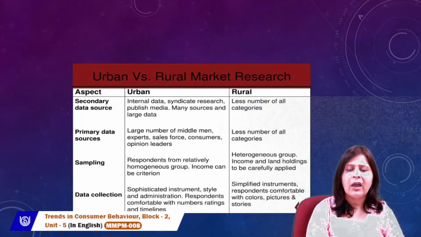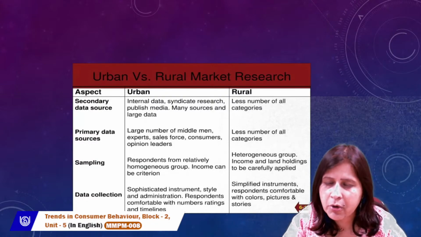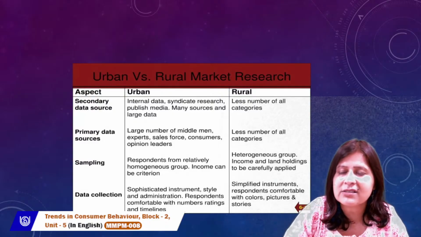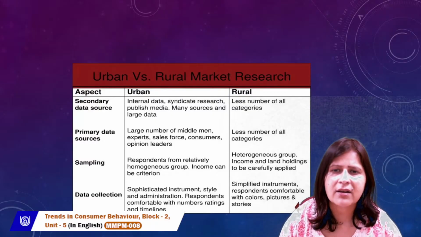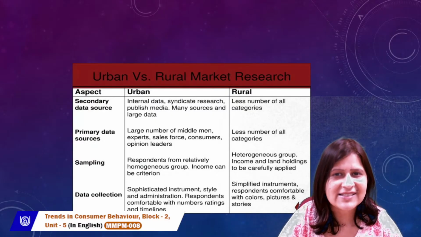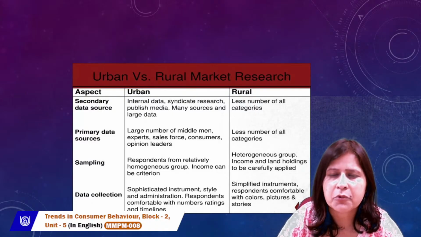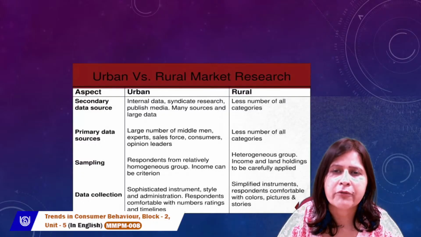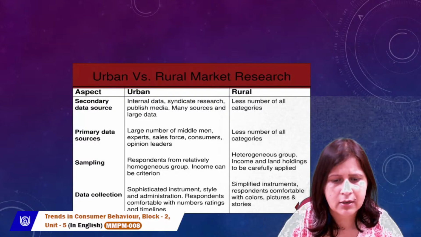And whenever we are dividing the rural area on the basis of income and land holdings, it is important to apply it carefully, because as we discussed in our earlier lecture, income varies and depends on the season, right? And moreover, they could have more than one source of income.